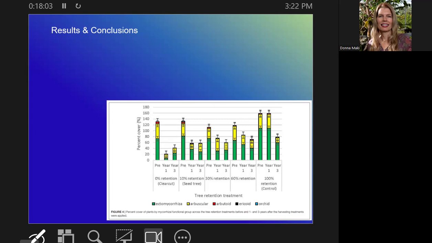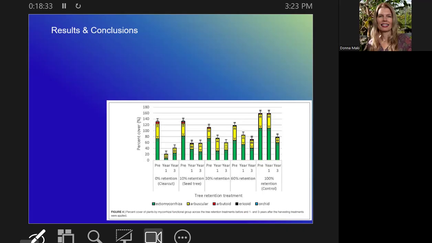So again, they're showing that when you do a clear cut, it's not conducive to maintaining good mycorrhizal fungi populations. And often when you have that much sunlight on the forest floor, that's not used to that, the mycorrhizal fungi aren't going to do well either, especially when you think about the fruiting bodies and spores and all of that, it's going to be impacting. And you can see with the 10%, 30%, and 60% that you have better recovery.